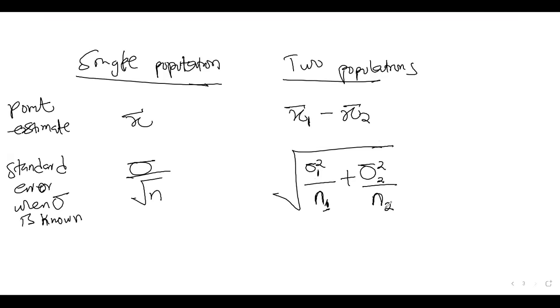All right, so this is how we find the standard error for 2 populations. If it's a single population, it's quite simple, but when it's 2 populations, this becomes the formula.